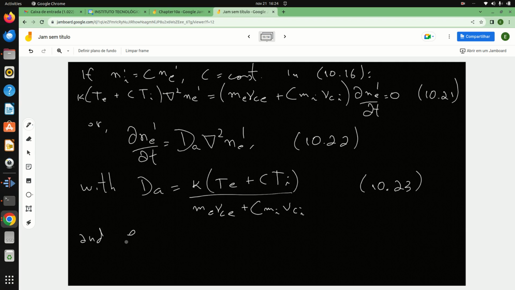rho is equal to the charge density, which is just this, and in this approximation would become this, c minus 1.